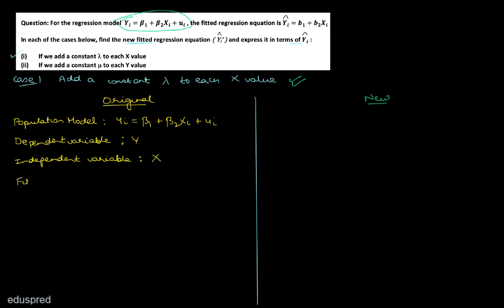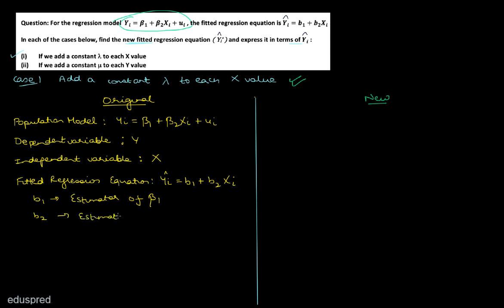We are also given the fitted regression equation, which is yi hat equal to b1 plus b2 xi, where b1 is the estimator of beta 1 and b2 is the estimator of beta 2. Okay, so this is the information that's given to us.